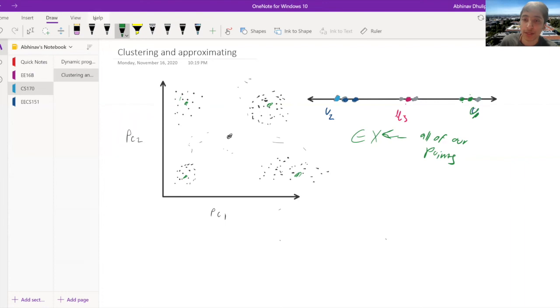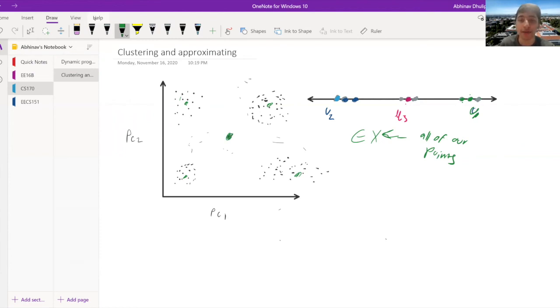Okay, so let's then take this sort of selection algorithm one step further and find a point that is the farthest away from U1, U2, U3, U4 now, which is probably going to be this one right here.